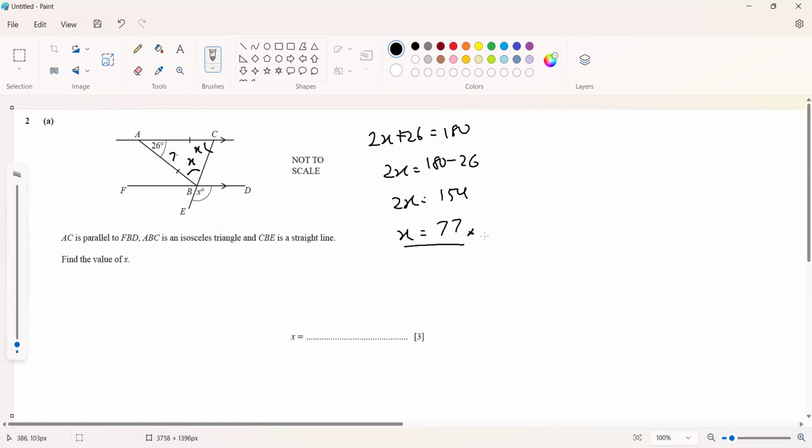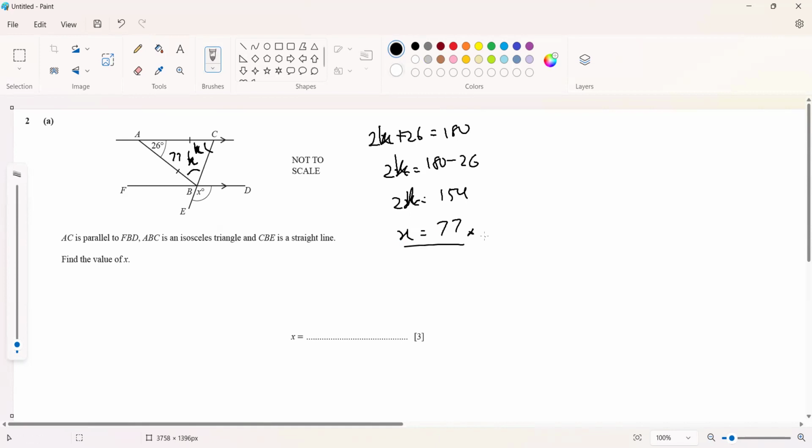So we know that this value here is 77. Sorry, I shouldn't call this x. I should have called this k instead, maybe some other unknown, because there is already an x here. Right, actually, yeah, that would be better, preferred. So from here, there is a straight line. So if these two are 77 degrees, we can apply some concepts here.